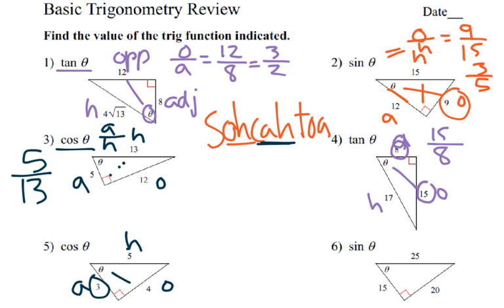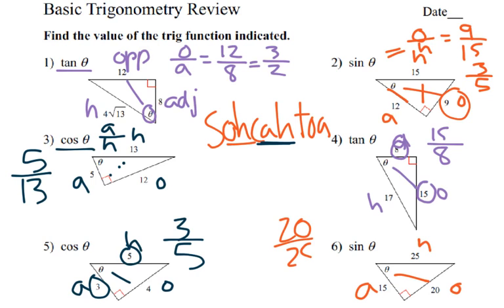So it would be 3 over 5. And the sine, which is opposite, adjacent, hypotenuse, is opposite over hypotenuse, so 20 over 25, which would reduce to 4/5. So that's all you do for the first one. It's just kind of recognizing that setup.